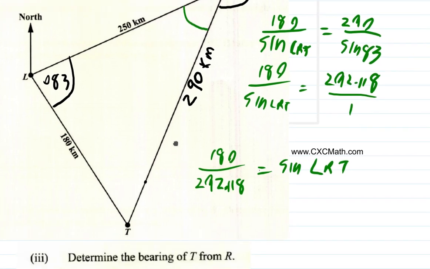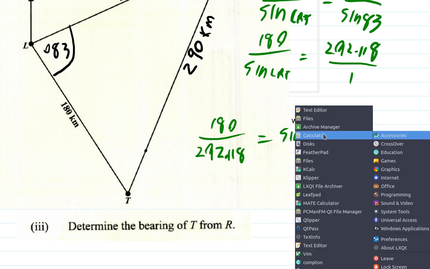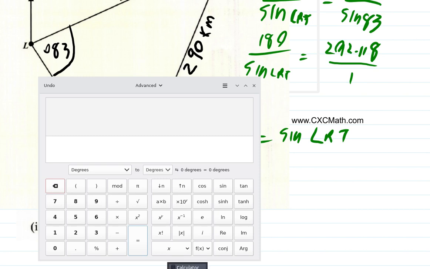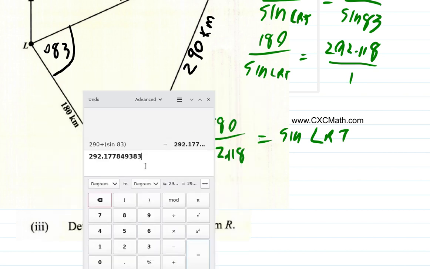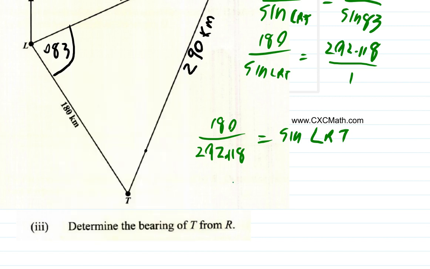What does that give you? Let's see. We want to calculate 180 divided by 292.118 and see what happens. 180 divided by 292.118 equals 0.616. 0.616 equals sine of LRT.